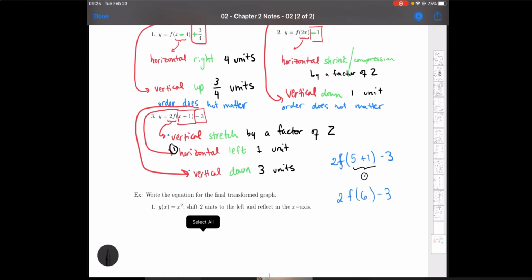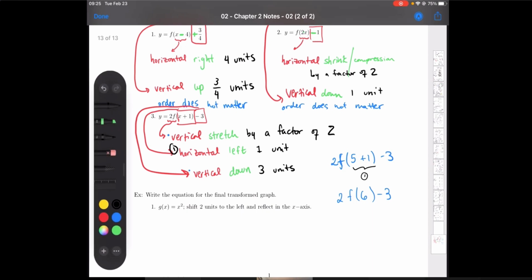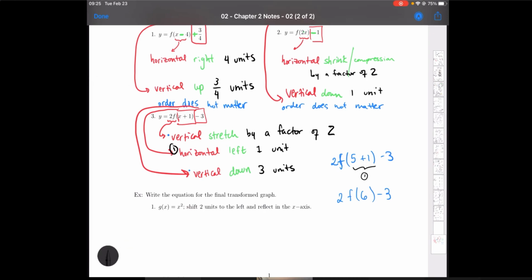Do we multiply by 2 or do you subtract by 3? You would multiply by 2.